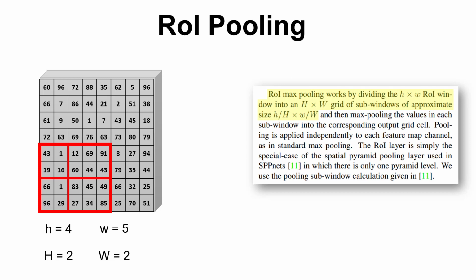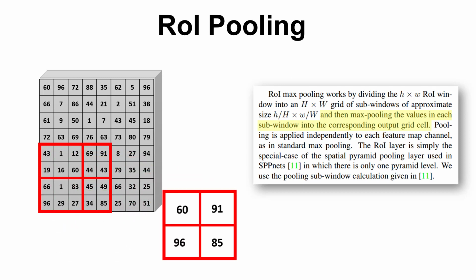And why didn't we draw a line here? Because remember, ultimately we want to do max pooling and we want our output shape to be 2 by 2. And after drawing this line, we have 3 columns. And of course we can also separate by this vertical line, which is just an implementation detail. Our next step is to max pool the values in each sub-window into the corresponding output grid cell.